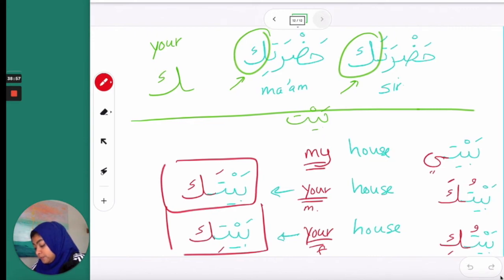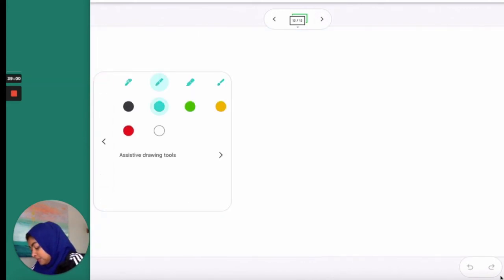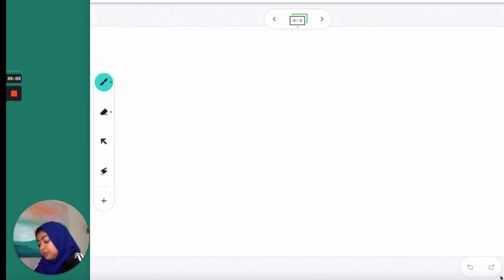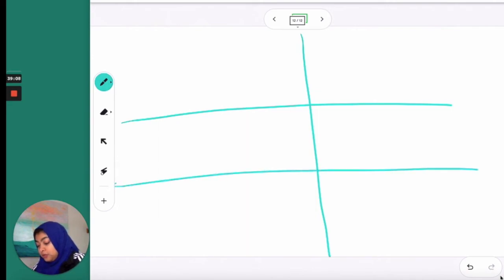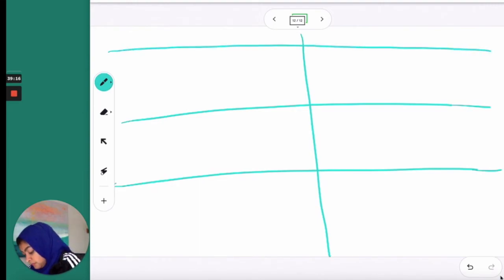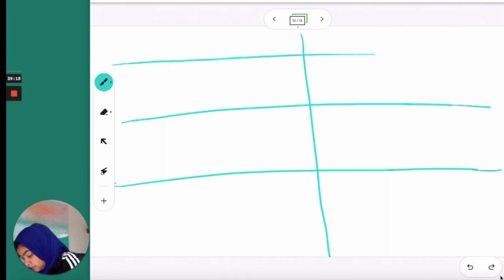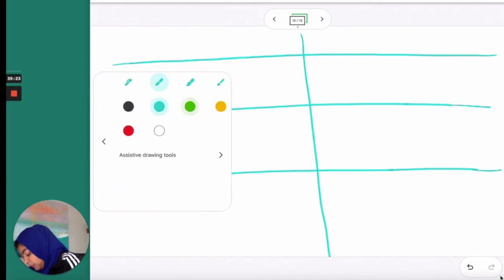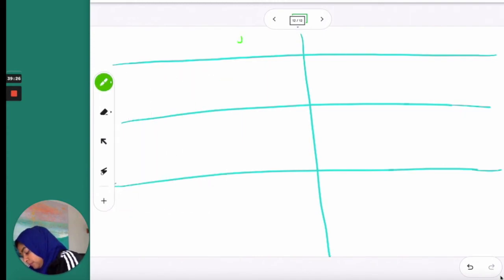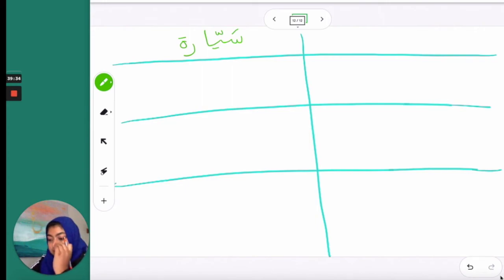Let's take some different words that we have. And then we're going to make them mine and yours, masculine and feminine. Okay, so let's do the word سيارة.